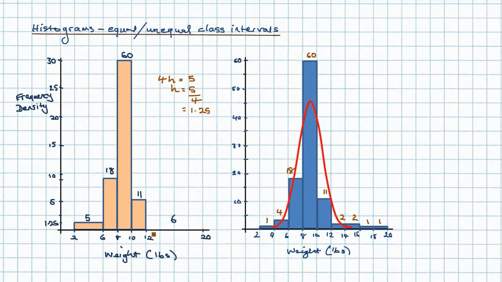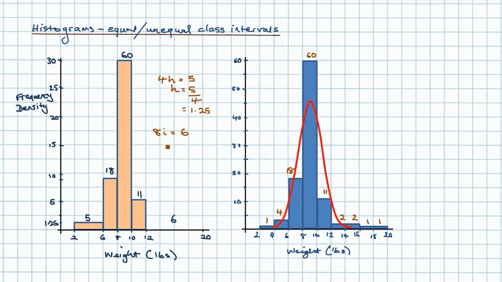Okay, so let's calculate exactly what the height has got to be. So the width now is 20 minus 12, which is 8. So 8 times our height. Let's call our height this time i. So 8 times our height is going to equal 6.